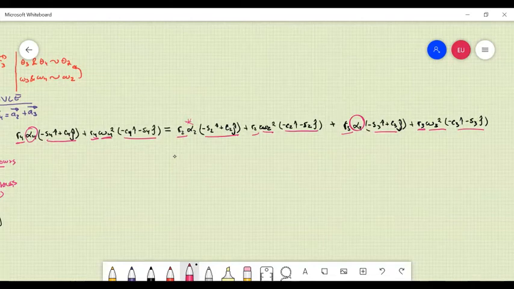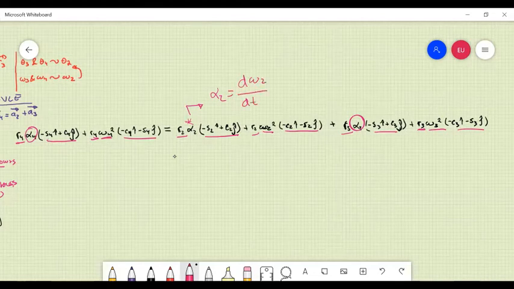Alpha 2 only exists if the input velocity is not constant, right? Keep in mind that alpha 2 comes from deriving omega 2 with respect to time. And in this case, let's assume that omega 2 is constant.